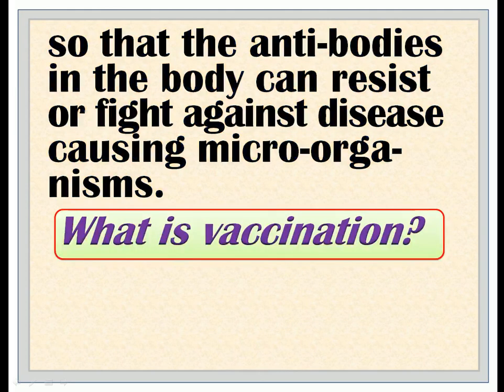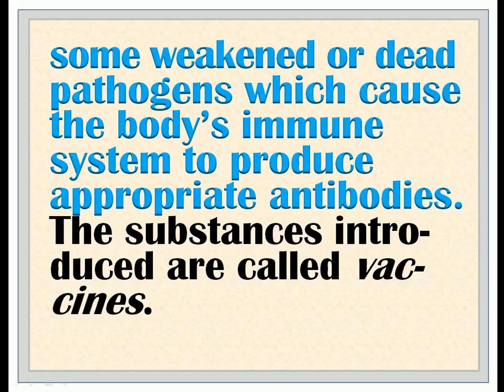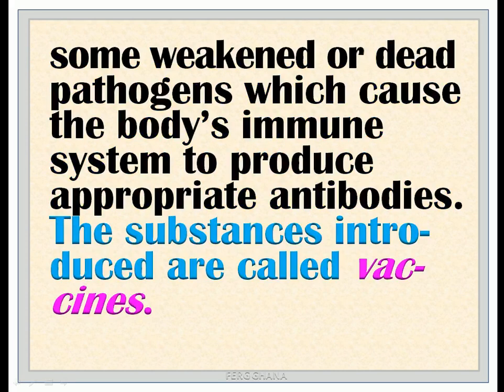What is vaccination? Vaccination refers to the process of introducing into the body some weakened or dead pathogens, which cause the body's immune system to produce appropriate antibodies. The substances introduced are called vaccines.